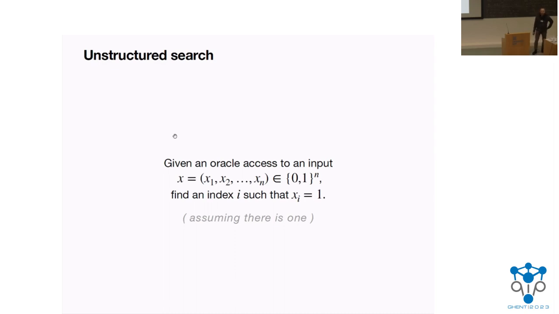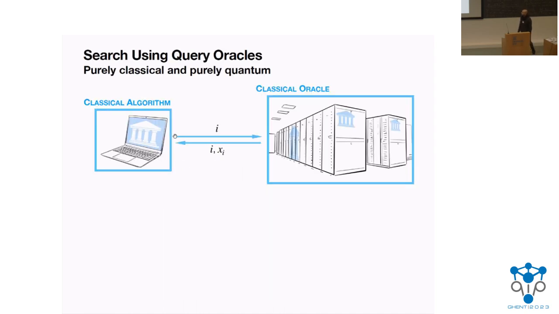Okay, so before I talk about hybrid algorithms, let me talk about purely classical and purely quantum algorithms. In a classical setting, we can assume that we have our own classical device, which initially knows nothing about the input x, and it can interact with an oracle, which we can assume to be some very powerful, quick device, which tells us for every index i what x_i is.